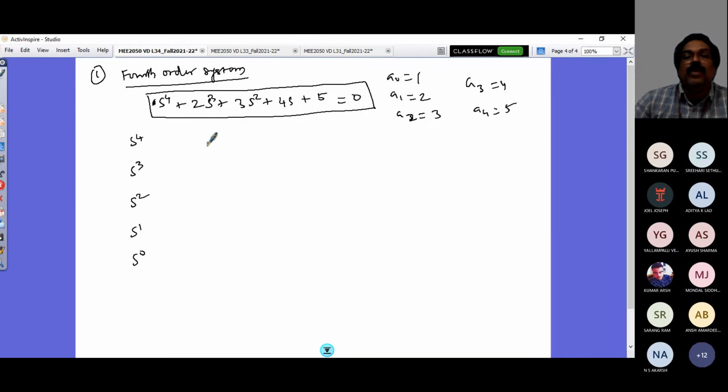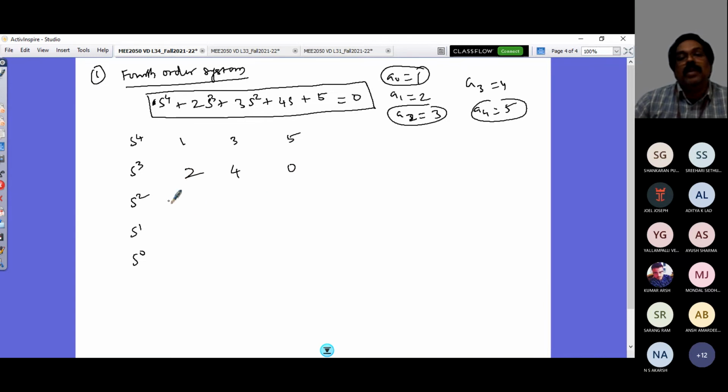The first row takes the even-indexed coefficients, A0, A2, A4 and so on. So I should first write this row: 1, 3, 5. And the next row I have 2 and 4, and then this is 0. It's not there.